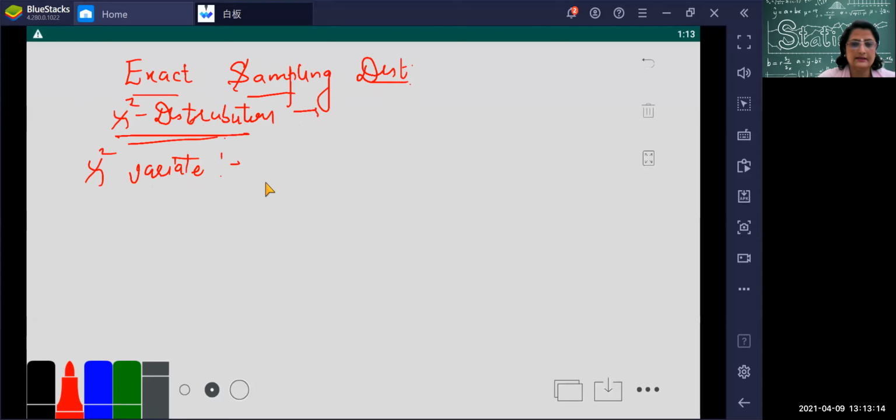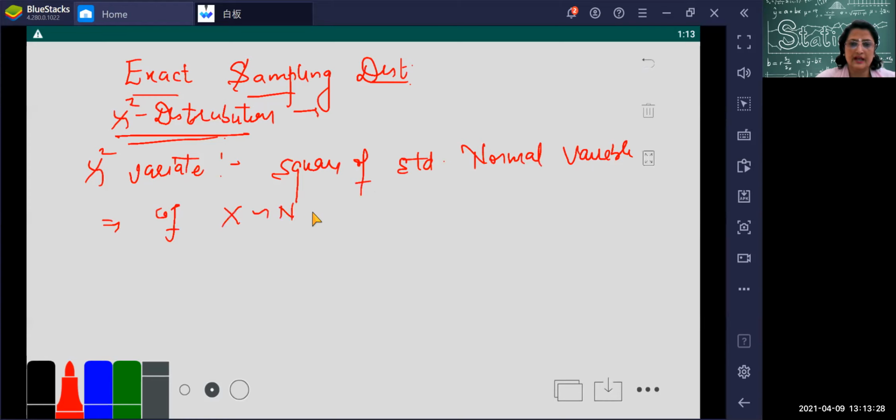A chi-square variate is the square of a standard normal variate. It implies that if x follows N(mu, sigma square), then z follows N(0, 1).